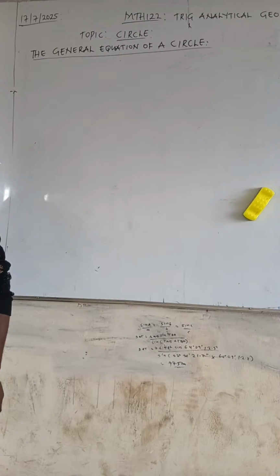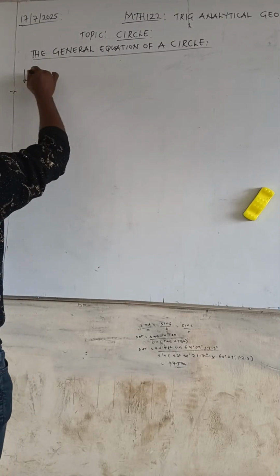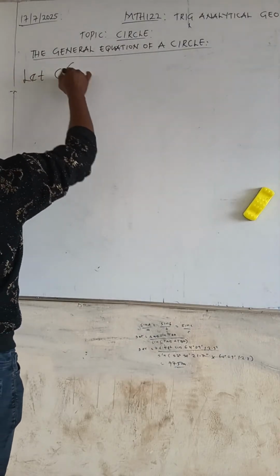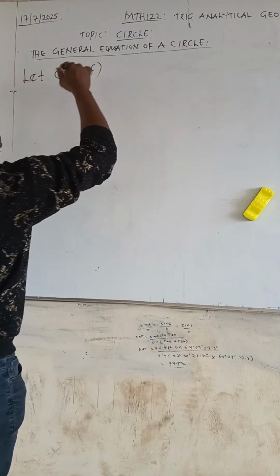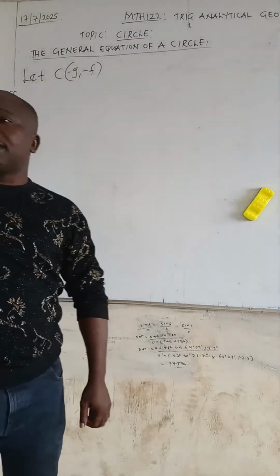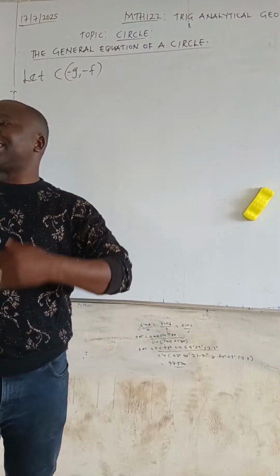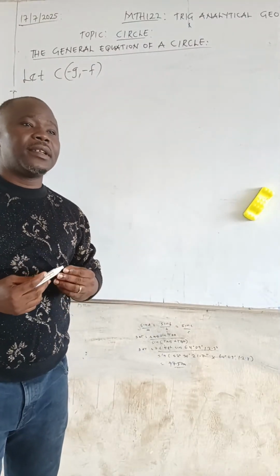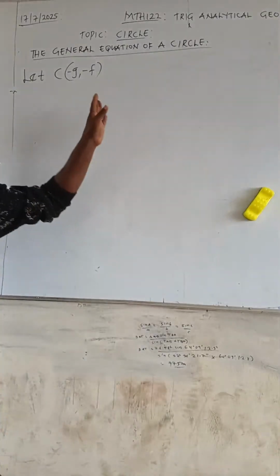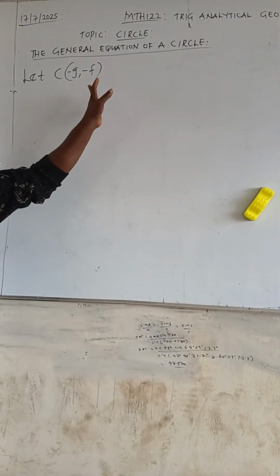Let us have C. Let C be minus g, comma, minus f. Always bear it in mind that as long as the equation of a circle is concerned, the center is always what? Negative. Please take note. Is that clear?